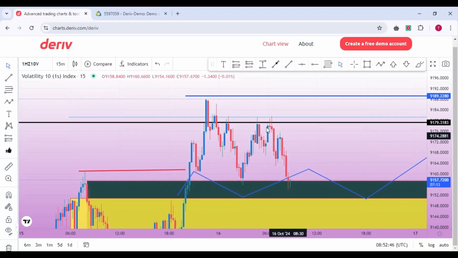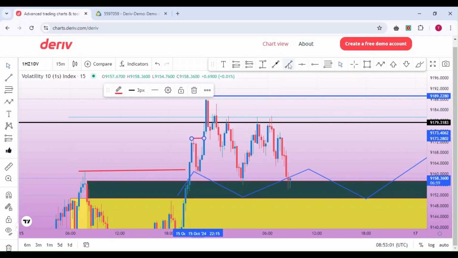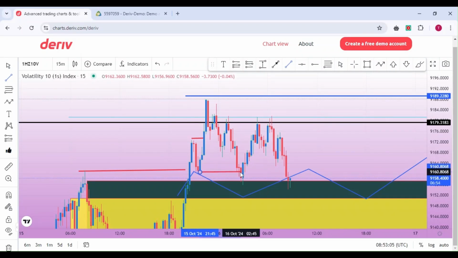So then we have created the higher high, the higher low. Of course there is a break, there is a change of character here. So this was our base BOS or break of structure, but now the market has broken using a wick and the full body there.